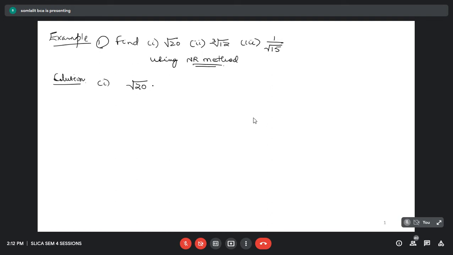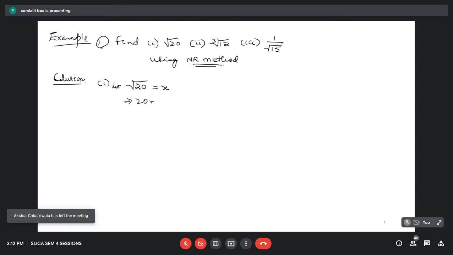So let it be x. Okay, we take this expression as x. We want to get the square root of 20, so we'll consider this as x. Now you know how to form the equation. What I'll do, just to make it free from the square root, I'll square it on both the sides.